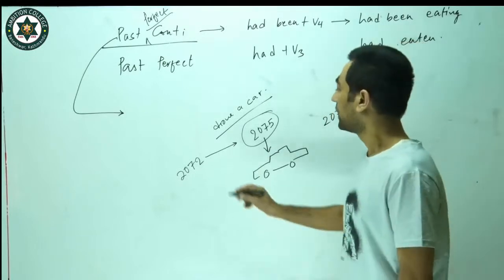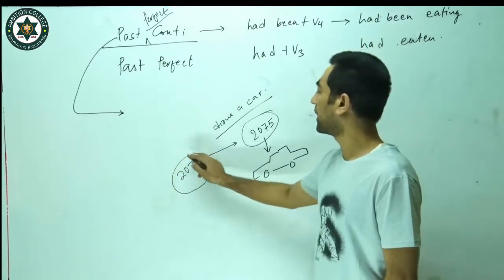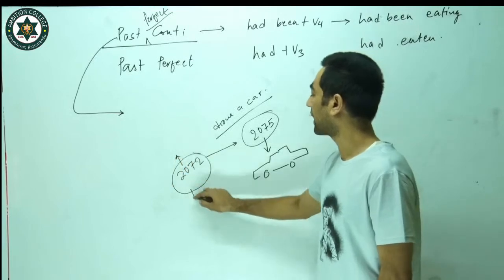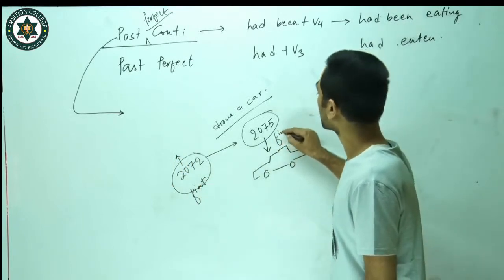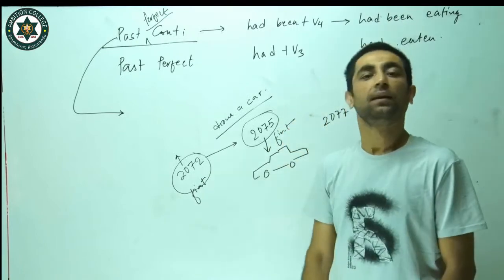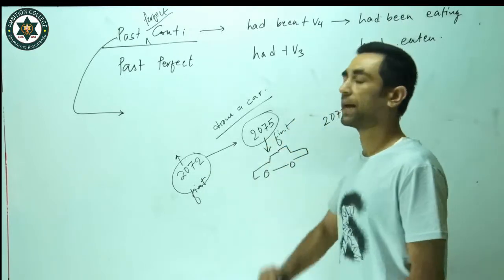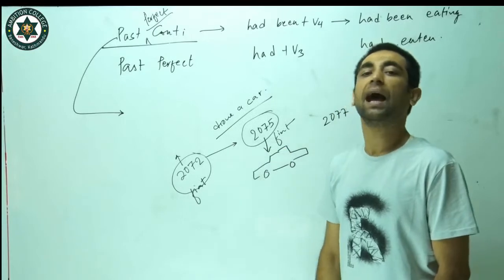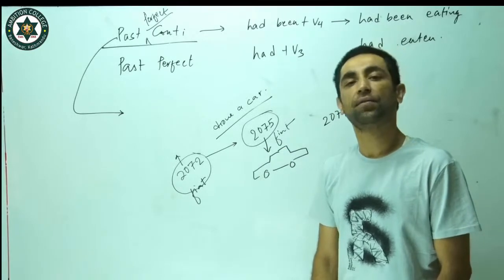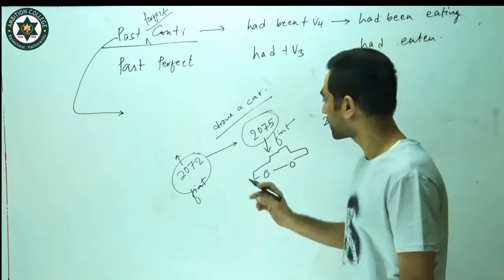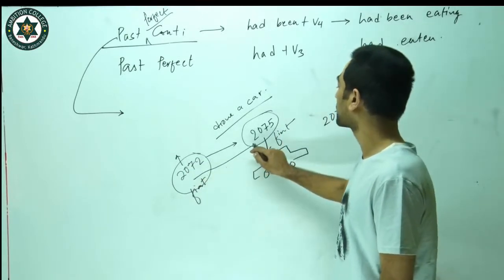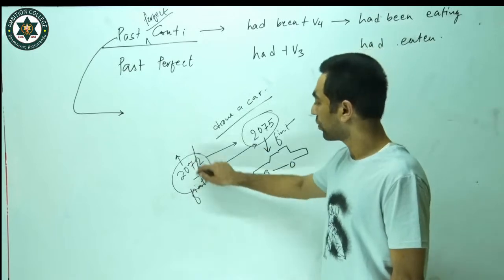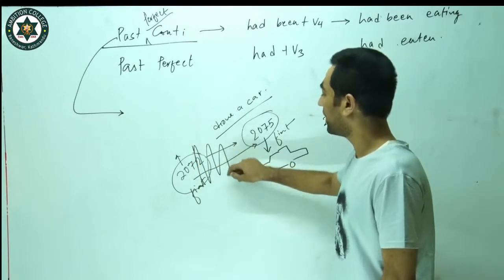That means if someone saw me here driving a car, the same car, say I am driving a Fiat, and here too the man saw me driving a Fiat. Now this man would say that Saul had been driving the Fiat car. This means in the past the thing is continuous. At what time it started?